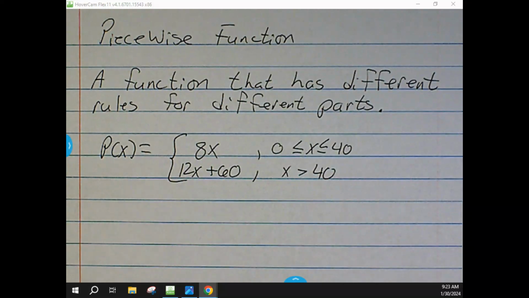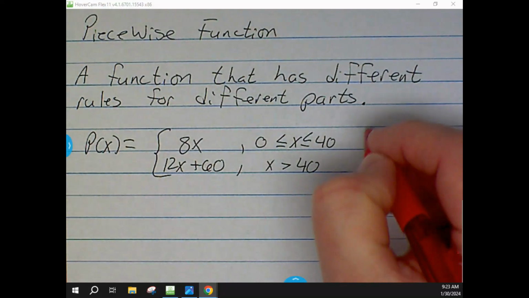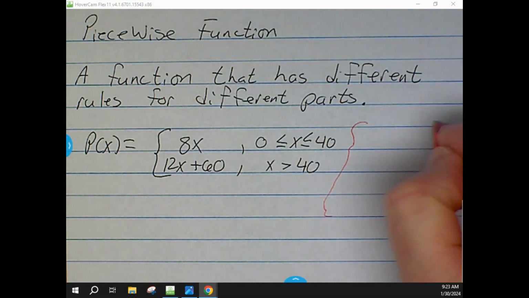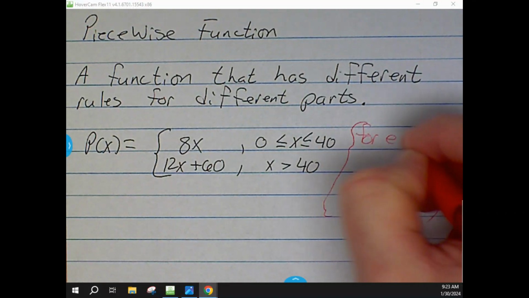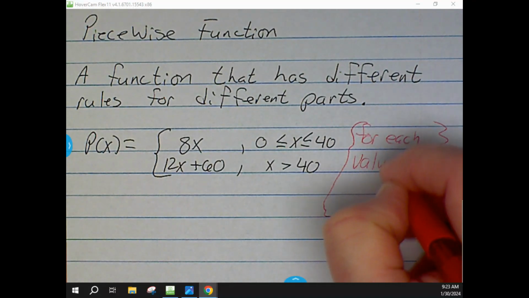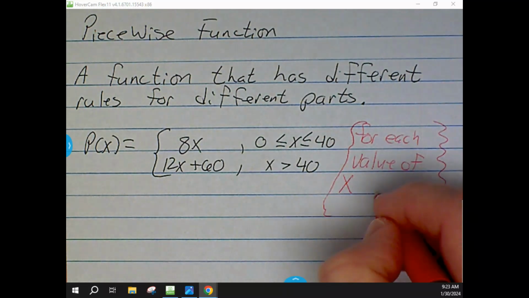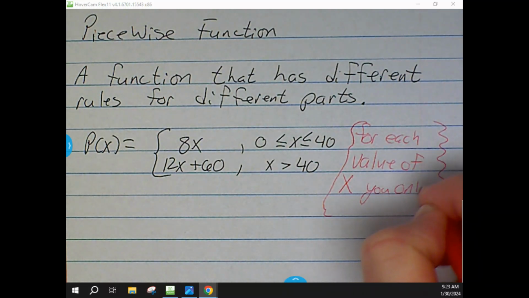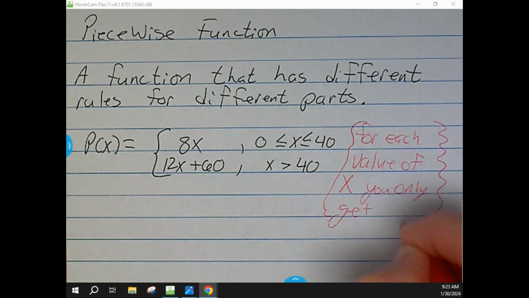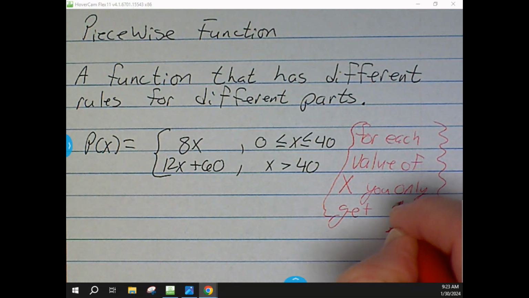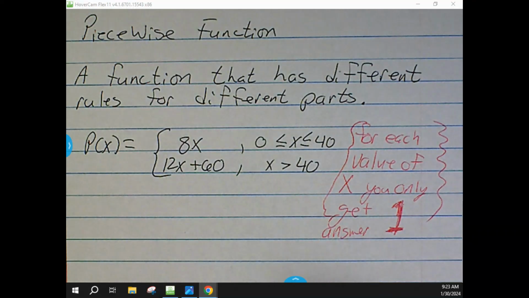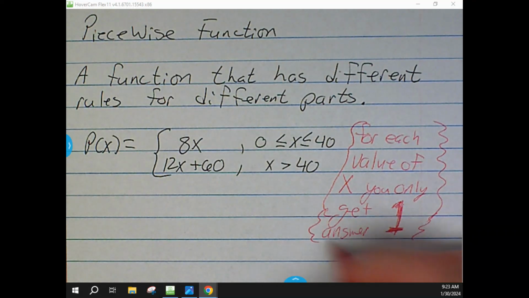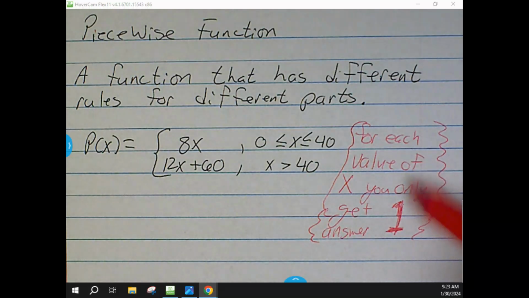All right, now here's the big check on this one. Here's the big thing you've got to know. Because it's still a function, if you plug in one number, you still only get one answer.